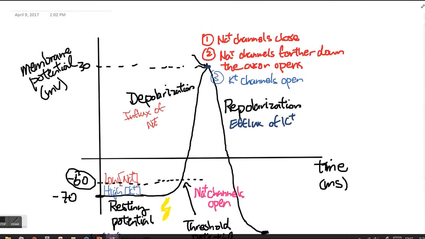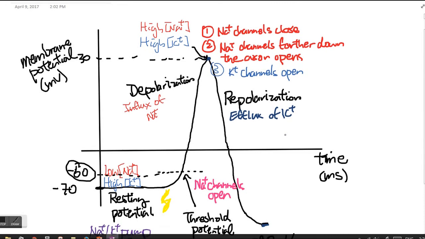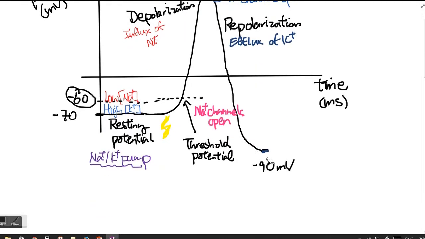Just backtrack a little bit. At this peak point here, if you think about the concentration of the ions, it's actually going to be high sodium because of the influx, and you are going to have high potassium, which is the same as the beginning, because up to this point, the potassium channels haven't opened yet, and so it's going to be the same concentration as before.